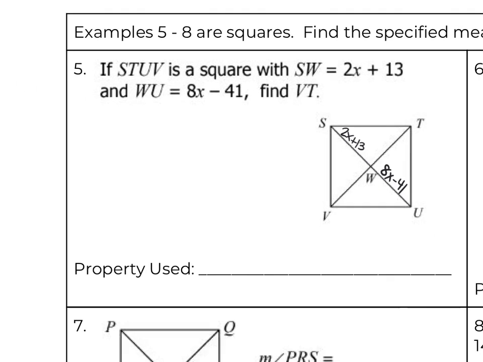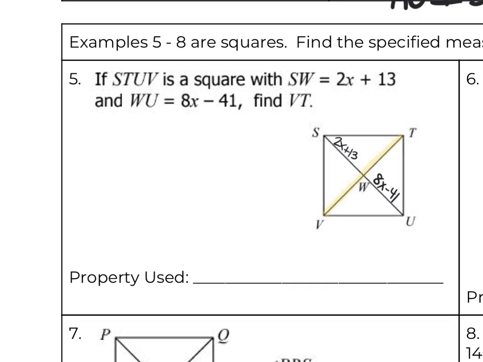And we're actually looking for VT, which is this diagonal going all the way across here. So we'll come back to that. But what we want to start off with is, what can we do with what they gave us? Well, SW and WU are the two halves of that diagonal SU. So those two parts are congruent, and that is what is important to us here.